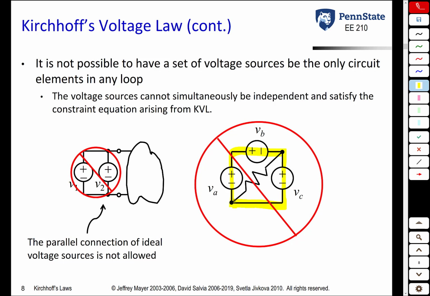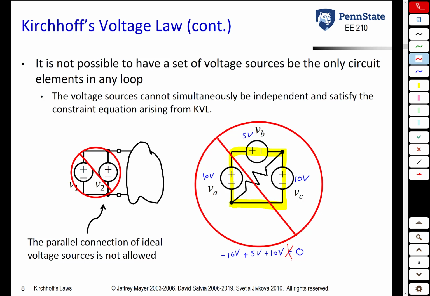The problem with that, suppose these voltage sources were values of 10 volts, 5 volts, and 10 volts. If you did KVL, you would get negative 10 plus 5 plus 10 is equal to 0, which is not true. So you're violating KVL.